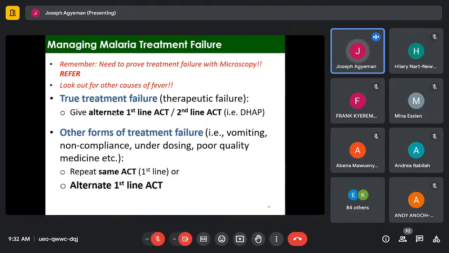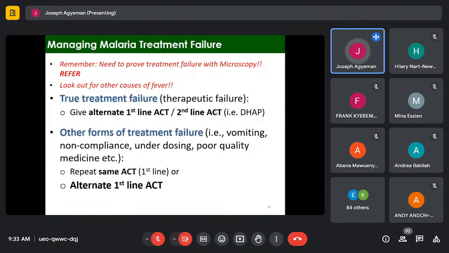So let's say if the first treatment was with artesunate amodiaquine and you took a very good brand, top quality, the dosing was okay, you complied and everything, then you switch to any of the remaining ones, either artesunate pyronaridine or artemether lumefantrine, or even the second line agent for uncomplicated malaria, that is dihydroartemisinin piperaquine.